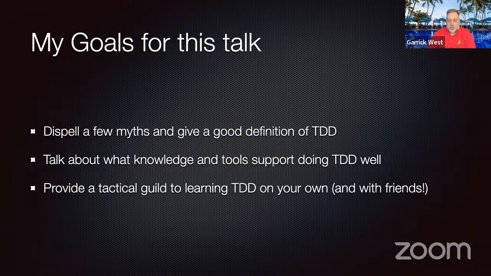Not with anything that's particularly big, not with anything that's particularly commercial in value. You don't get to just say we're going to get rid of any notion of QA work because we do TDD. So I want to talk about what knowledge and tools have changed in terms of supporting TDD, which is all pretty much positive from where things had started in the early 2000s.